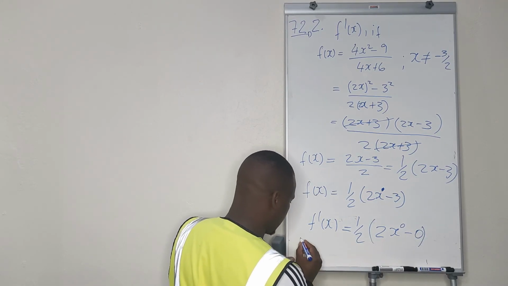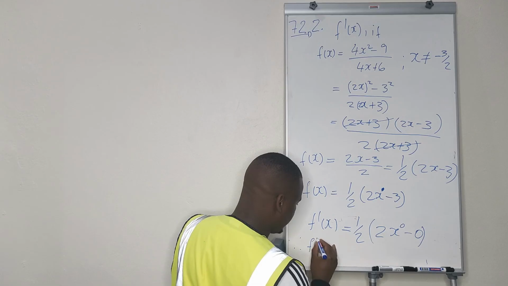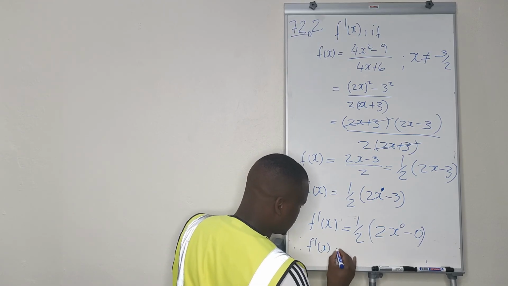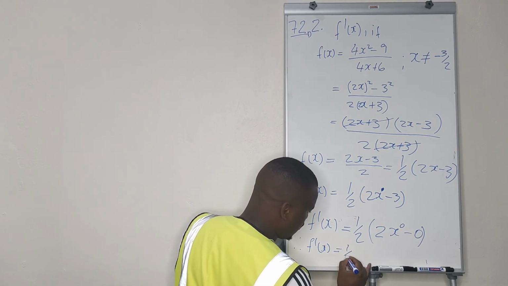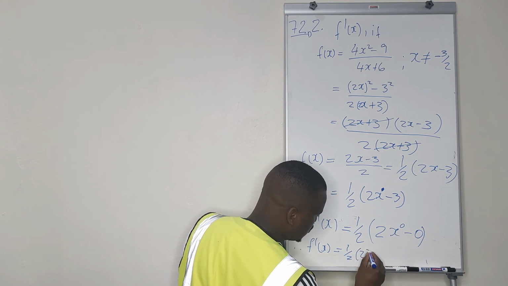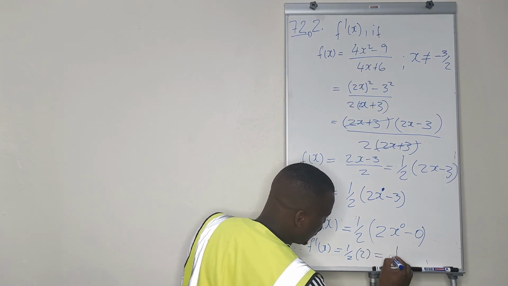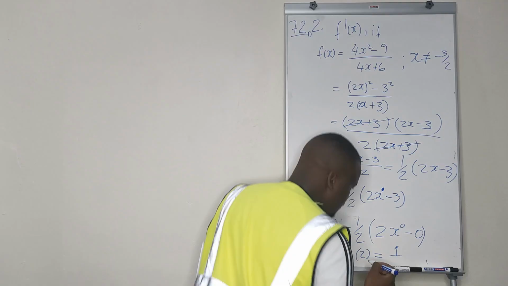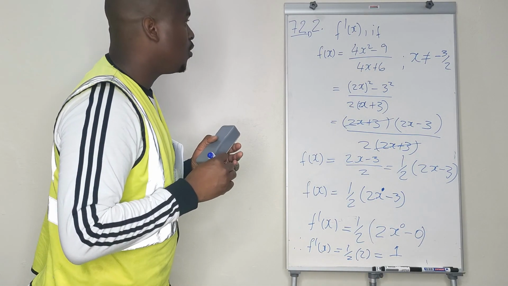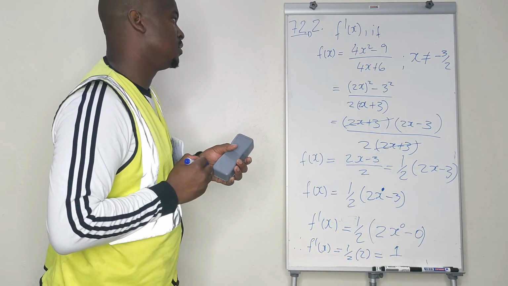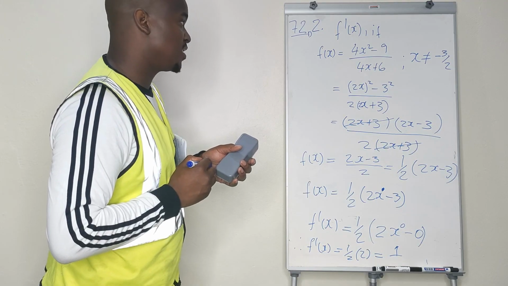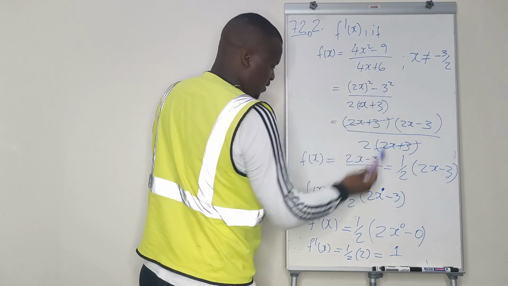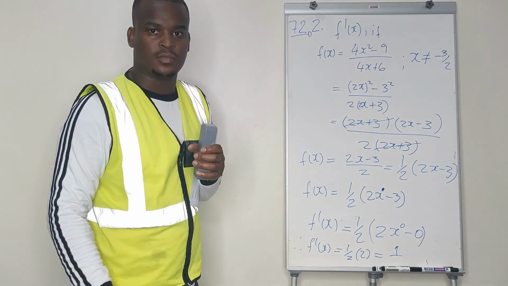Therefore, your f prime at x is equal to 1 over 2 times 2, which is equal to 1. So the derivative of your f of x is equal to 1. That's how you do this.